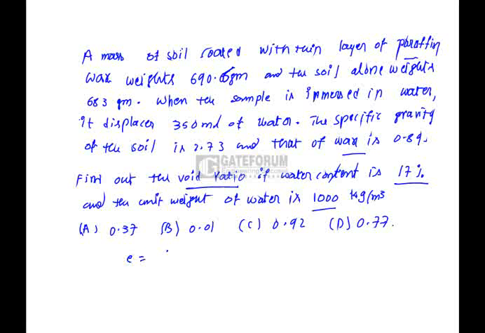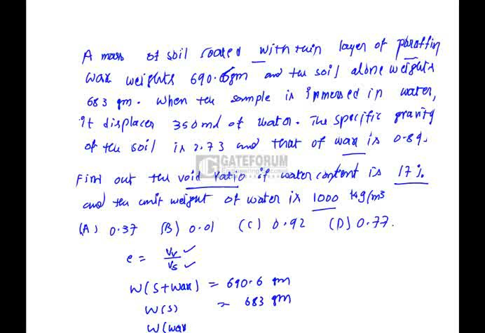E is equal to volume of voids by volume of solids, we know. So first we have to find these two terms. For finding these terms, we have the data given above. Weight of soil plus wax is equal to 690.6 grams. Weight of soil alone is equal to 683 grams. So weight of wax alone is going to be 6.4 grams.